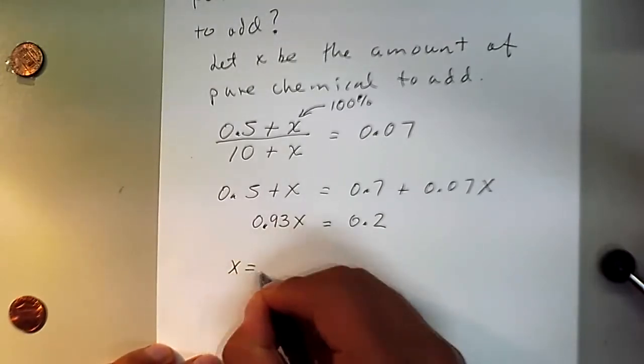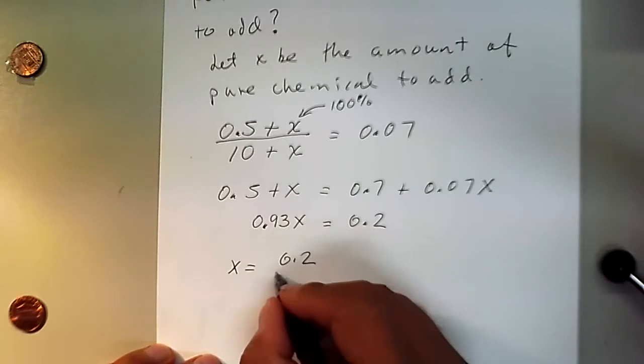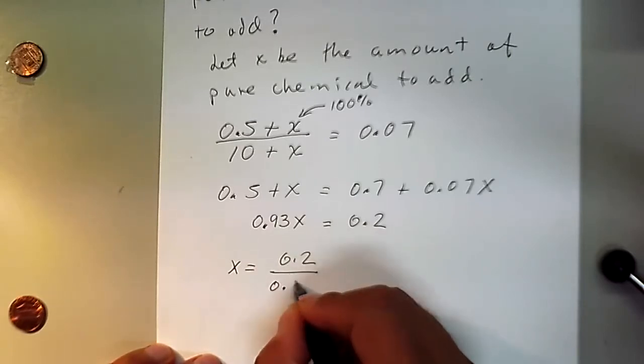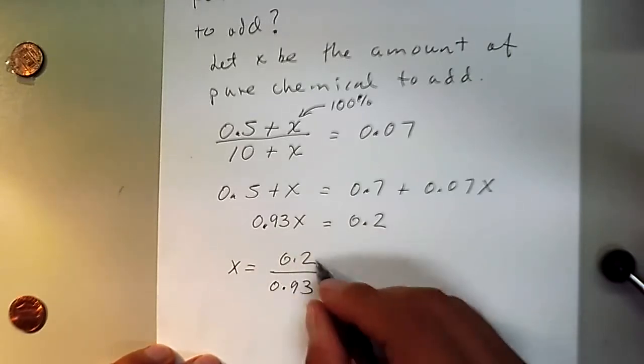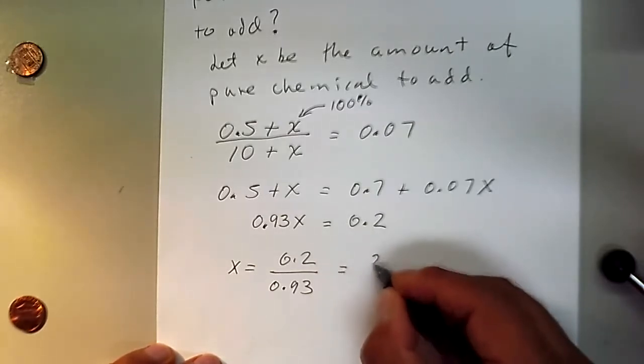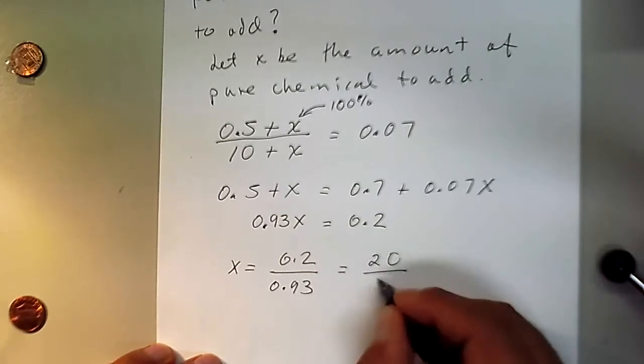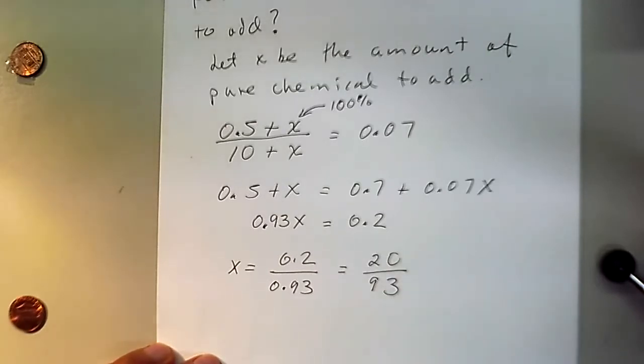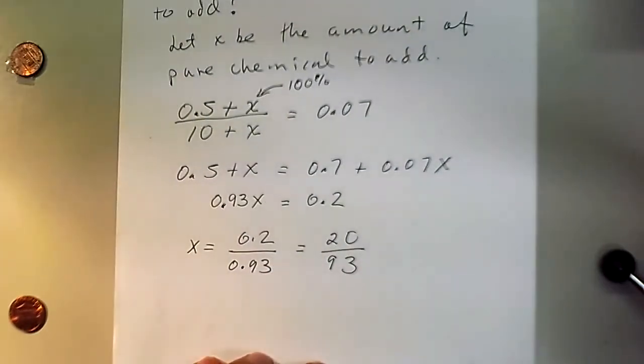So x equals 0.2 over 0.93. Multiply both the numerator and denominator by 100, and we get 20 over 93. And that cannot be simplified. No, we cannot simplify that in any way, form, or shape.